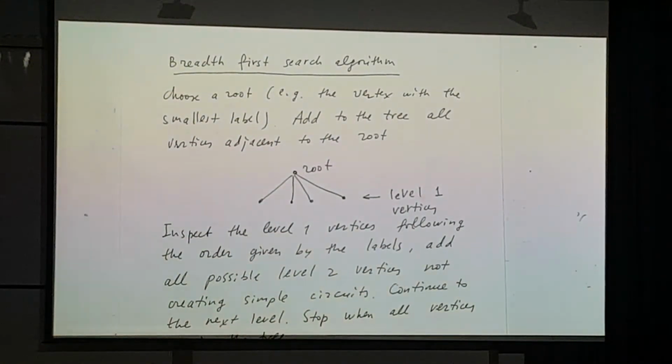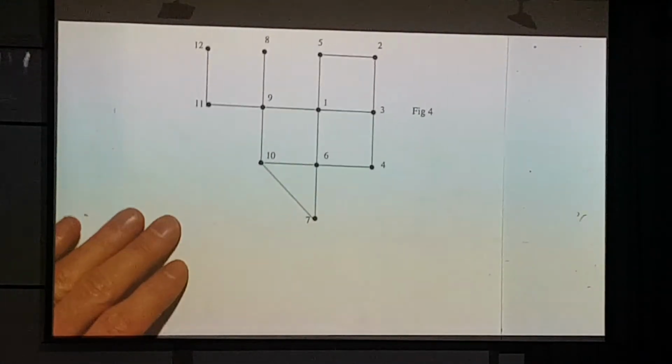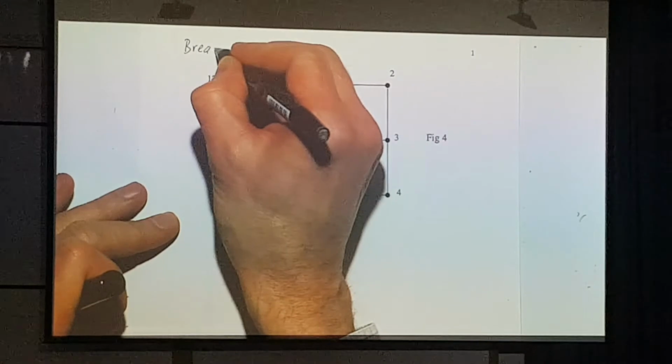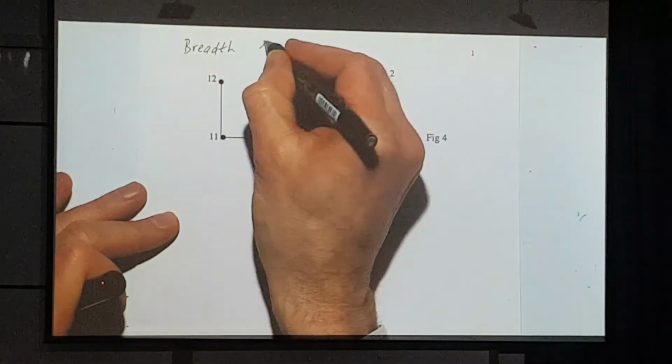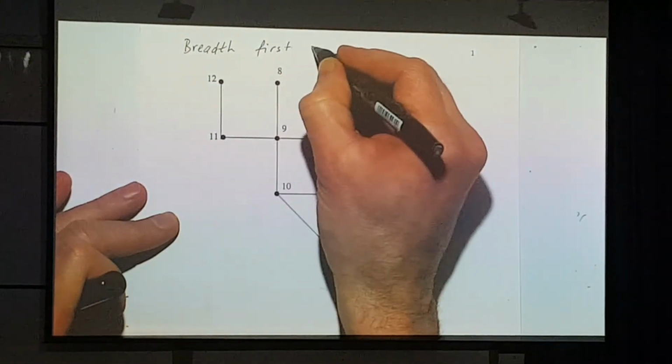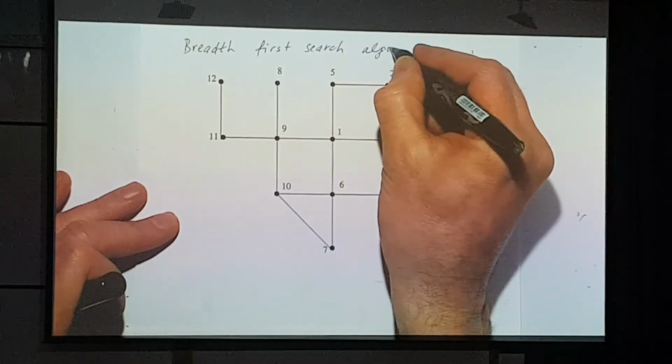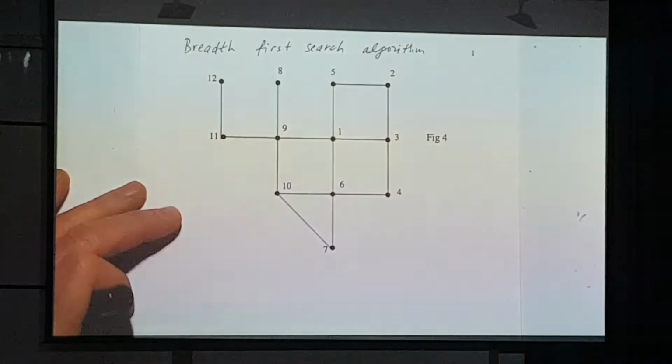Okay, let me illustrate how this works on the same graph, which I looked at before. Let's just go to breadth first search algorithm.